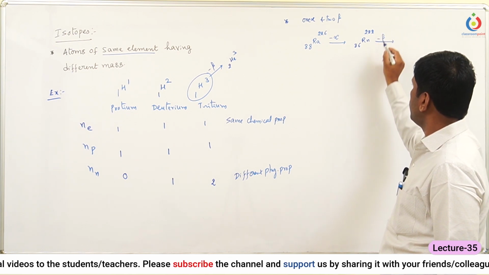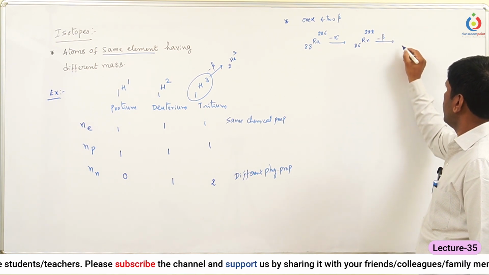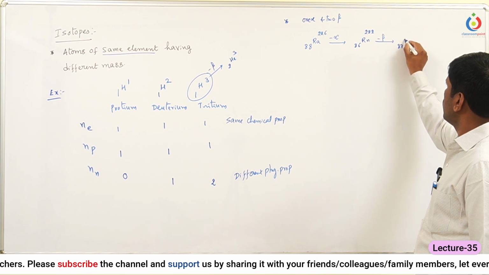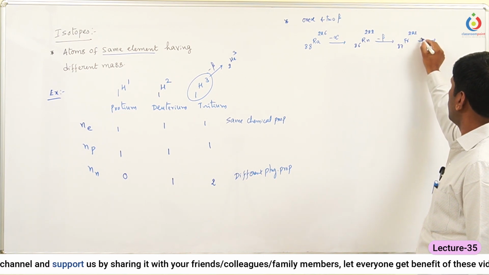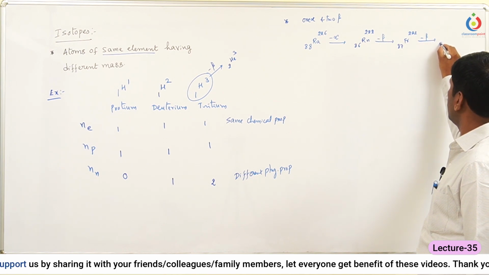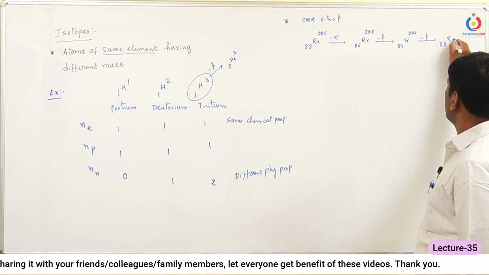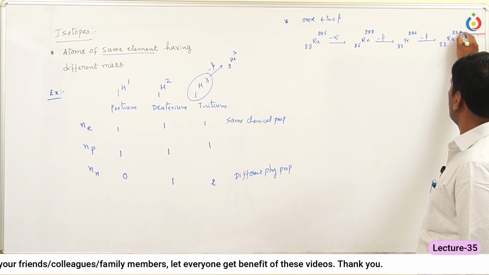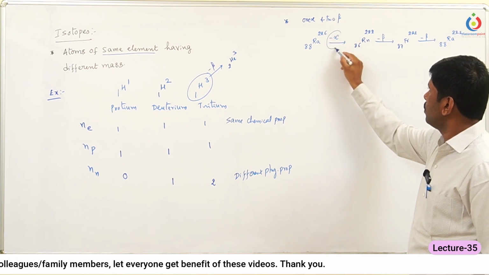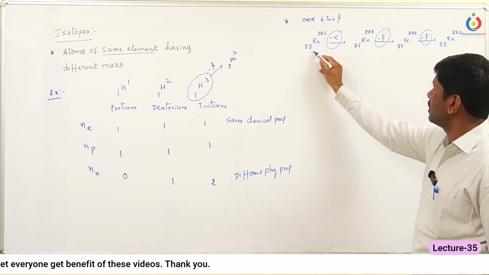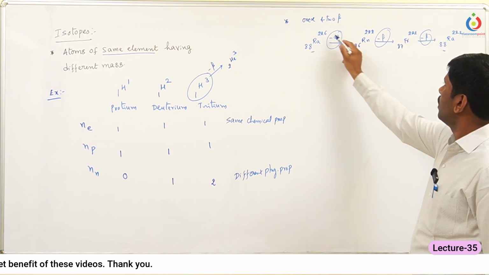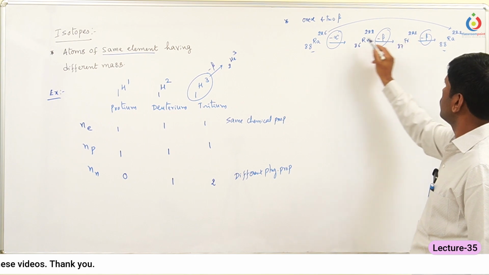Then loss of one beta particle gives 87 francium 222. Loss of one more beta particle gives 88 radium 222. So successive loss of one alpha particle and two beta particles produces the same atom but with a different mass number.